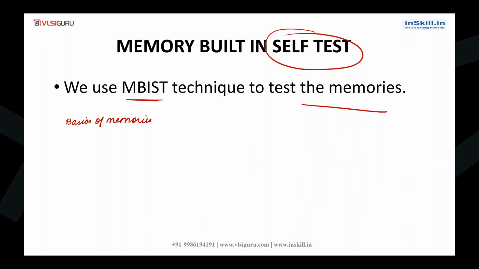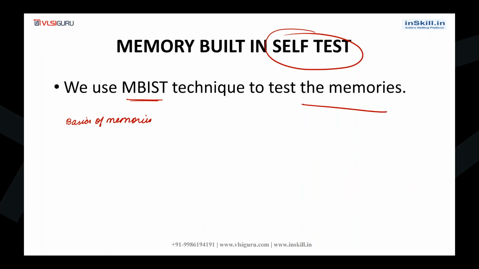We are not going to go in depth about the functionality of a DRAM cell or the functionality of the SRAM cell. All those things we are not going to go in depth, because it's not required for a DFT engineer. So we'll just try to see an overview: what is a RAM and ROM, what is SRAM and DRAM, what are the differences, how an SRAM cell looks, how a DRAM cell looks.